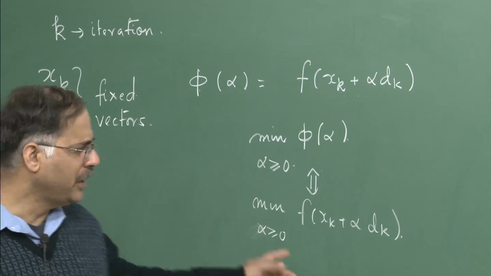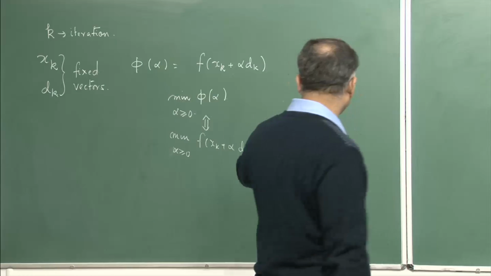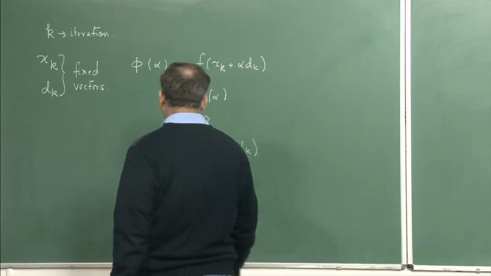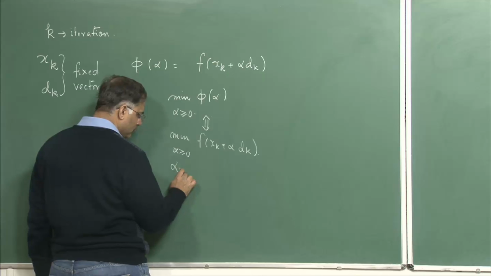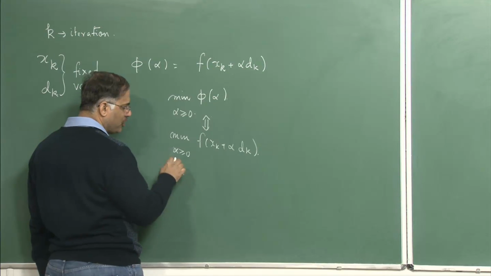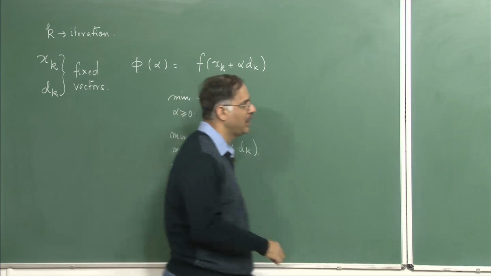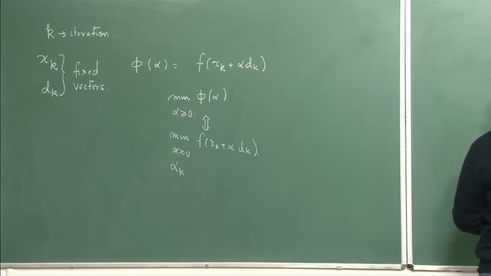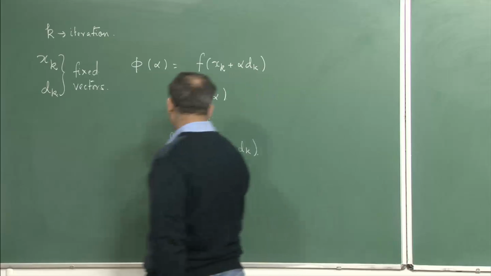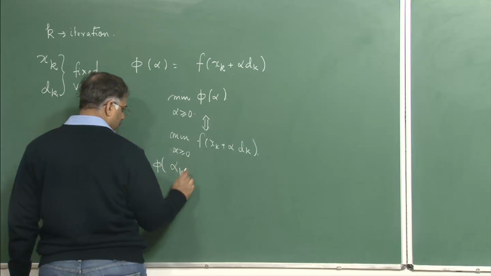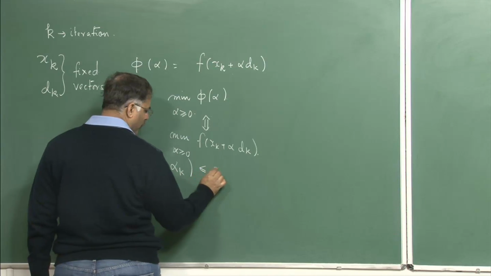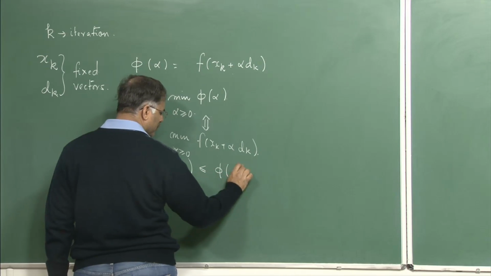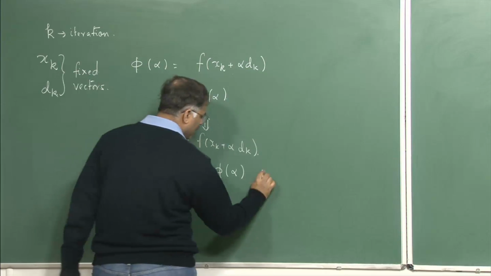Now suppose I find a minimizer of this problem, that is alpha k. Then the function value at alpha k, phi of alpha k, is less than or equal to phi of alpha for all alpha greater than 0.